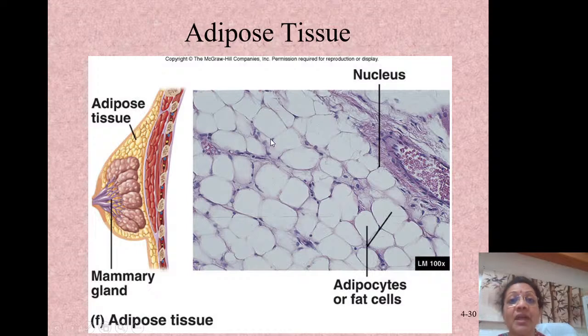Each of these is a very large cell whose entire cytoplasm is filled up with fat. So filled up that there's no place for anything else, and its nucleus is pushed right to the corner. You get a small peripheral dash-shaped nucleus in each of these cells. So the entire space of the cell is occupied by the fatty material inside the cytoplasm, which is a storage product.